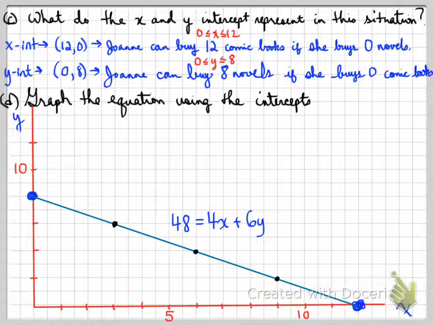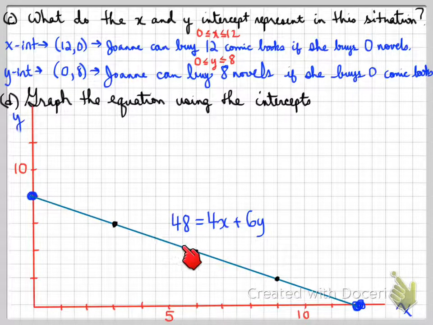So, for example, looking here, if she buys 8 novels, she can't buy any comic books. But if she buys 6 novels, she can end up buying 3 comic books.